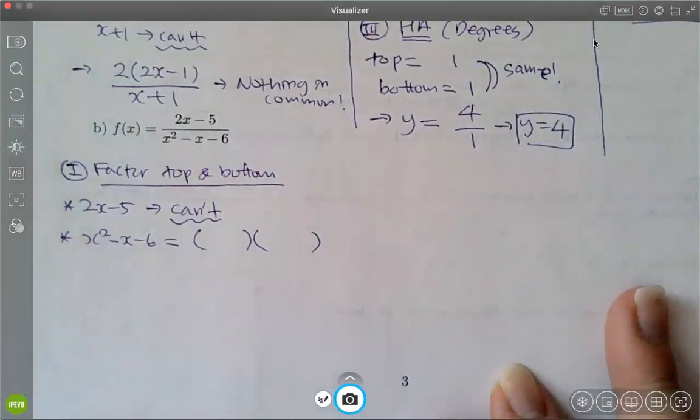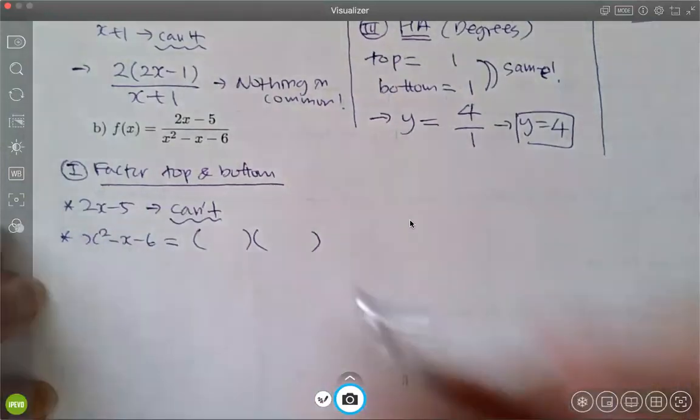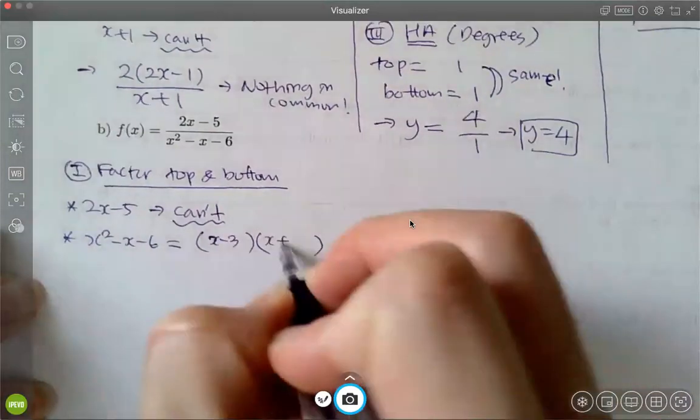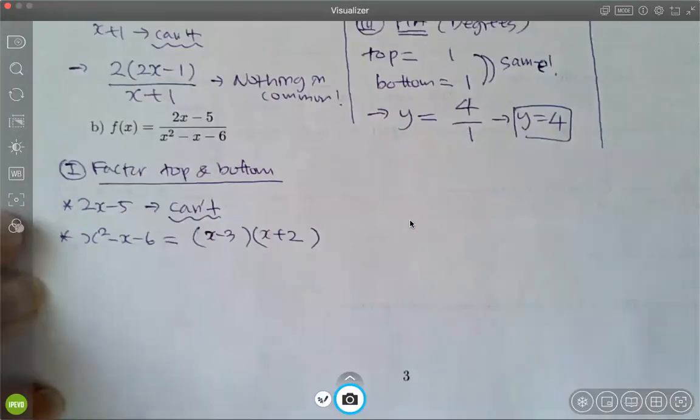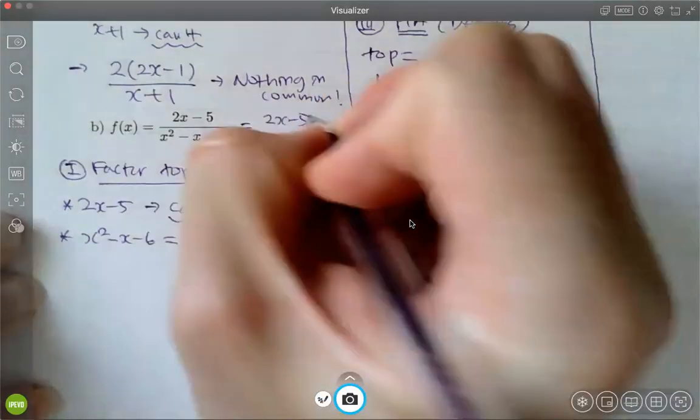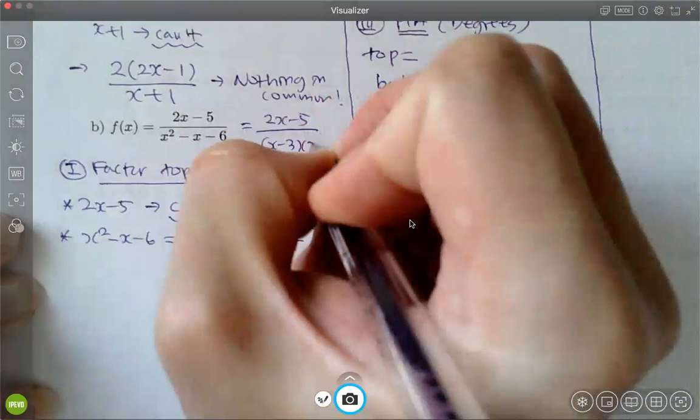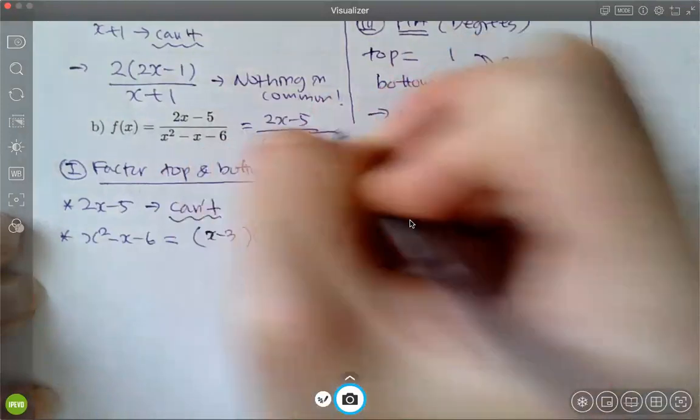So what are the two factors here? X minus 3 and x plus 2. X minus 3 and x plus 2, right? Yes. Okay, so what do you have? You have 2x minus 5 over x minus 3 times x plus 2, and it's obvious that there's no common factor, right?